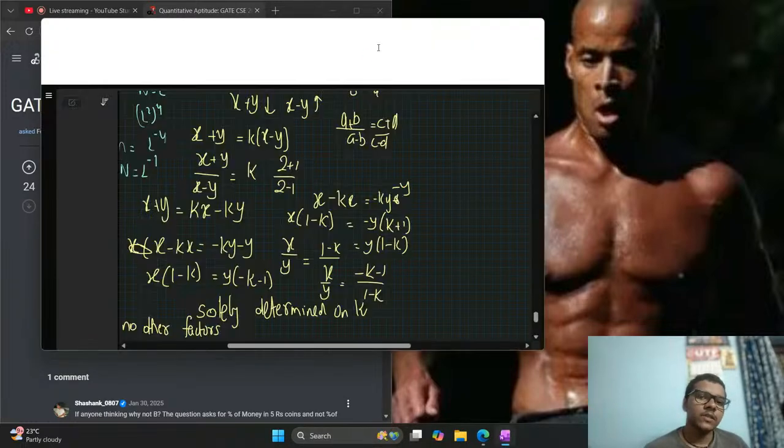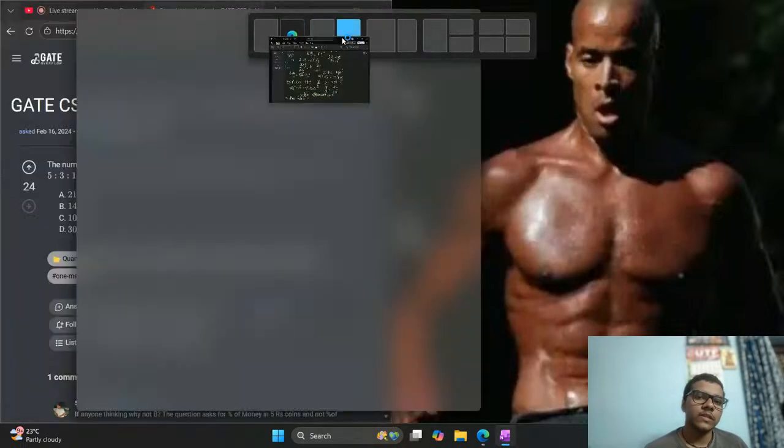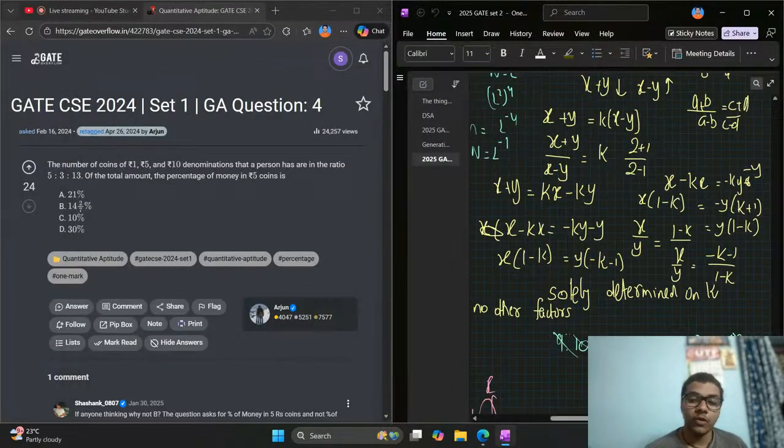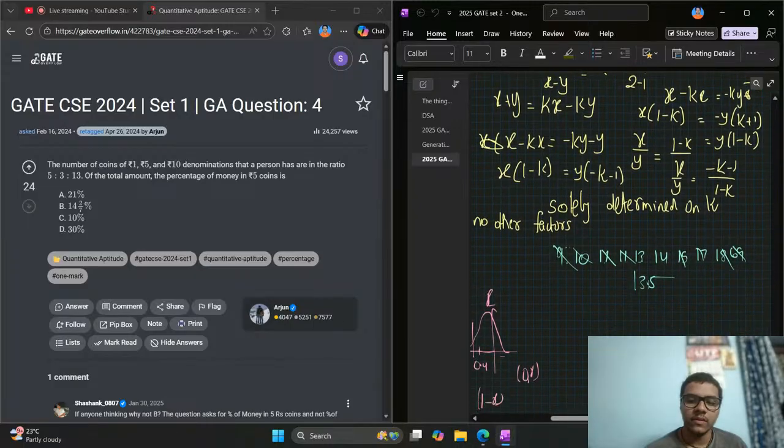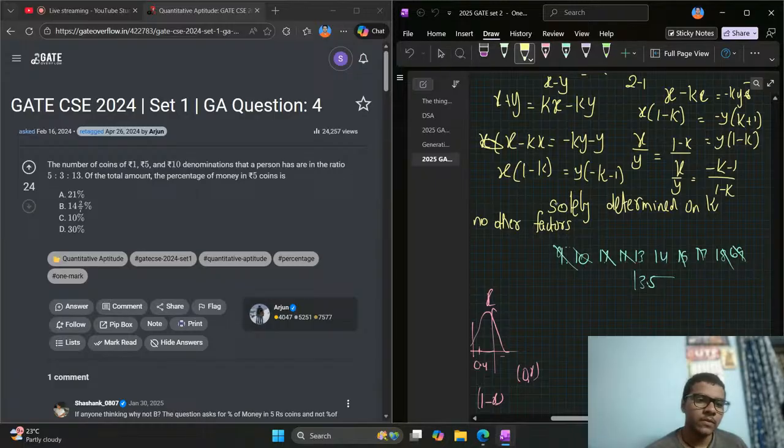1, 5, and 10 rupees coins. Number of coins. Let's just get the total. Okay, the total amount, the percentage of money in 5 rupee coins is. So how much is it? 8 and 13. That's 21 coins.